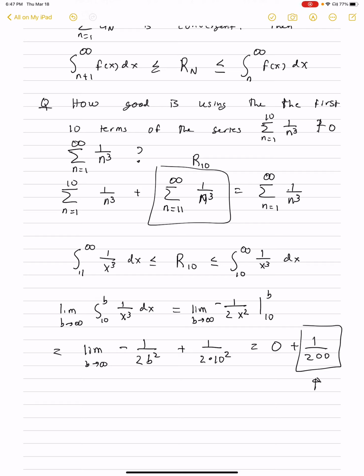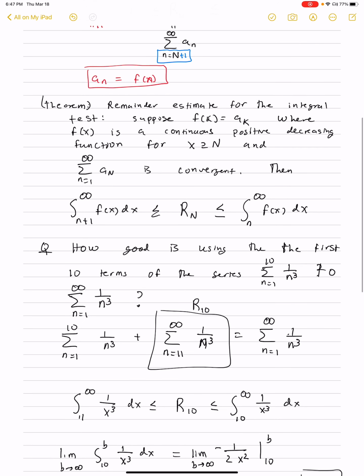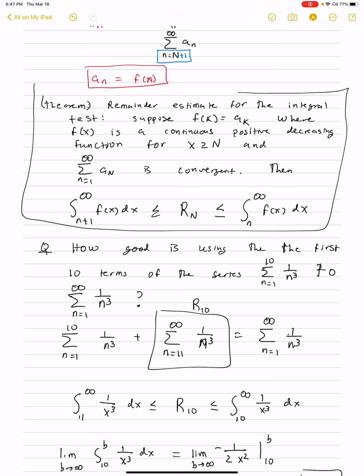Maybe this is a situation where I need a lot of precision, maybe 1/1000th is the most error I could have. Well, I could figure out what that would be by solving for the number of terms. That's an application of this remainder estimate. This remainder estimate right here that I'm boxing allows us to calculate that.